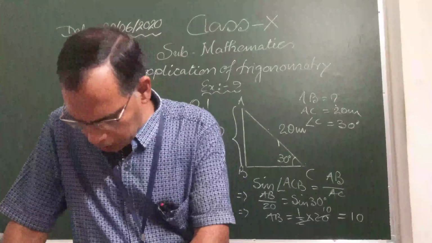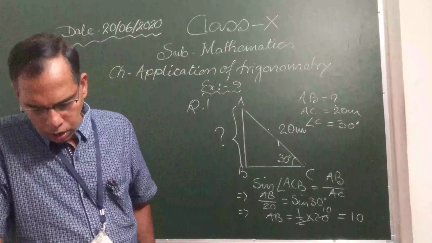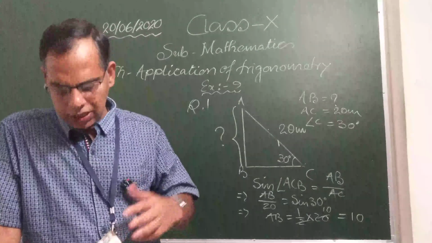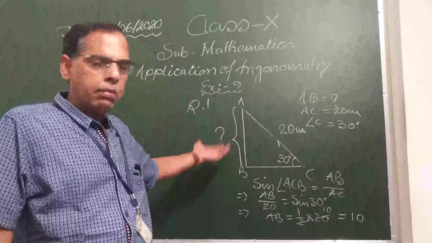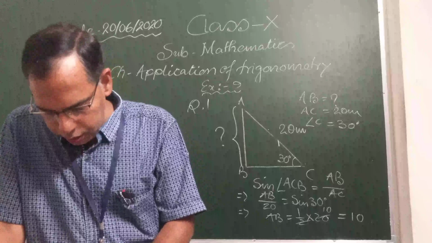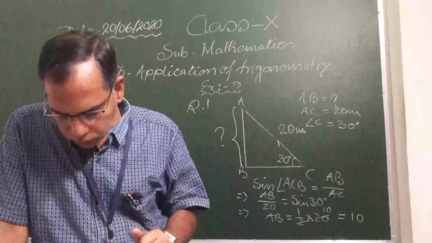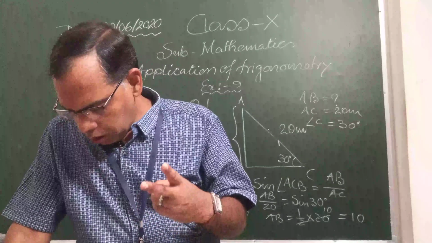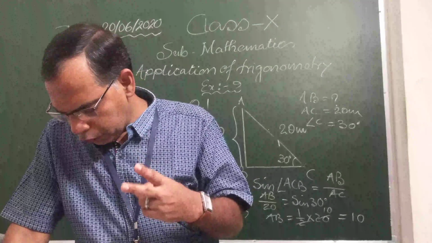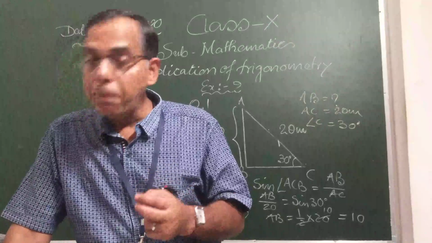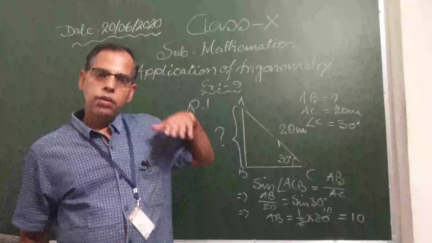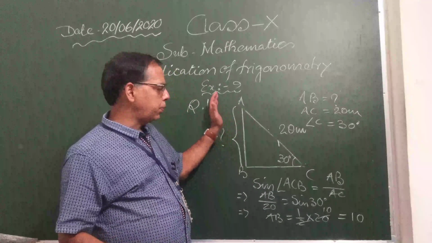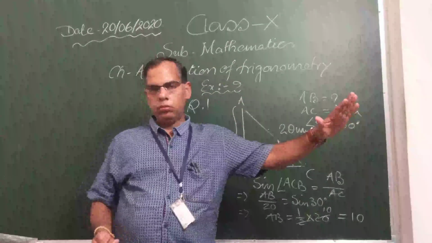Now let's see question number 3. Question number 2 is also almost same, so just draw the diagram, almost same diagram, and you try. Now question number 3. A contractor plans to install 2 slides for the children to play in a park. In the slide, you have to climb from the back, perpendicularly, and then you have to slide down.